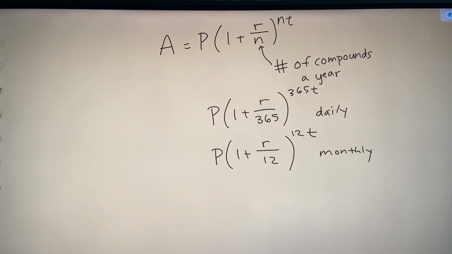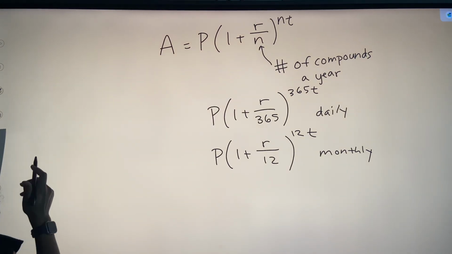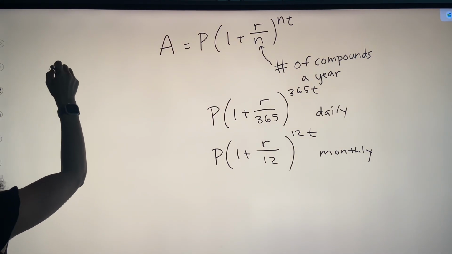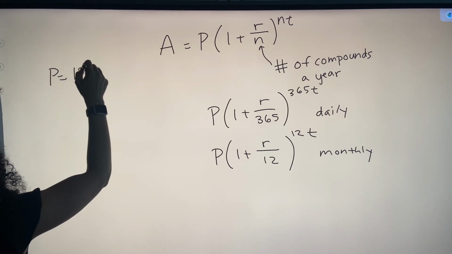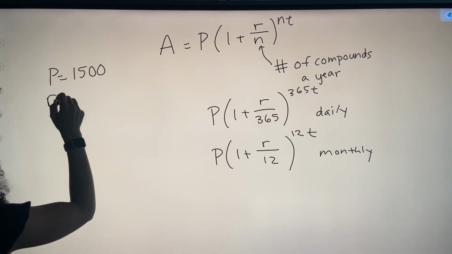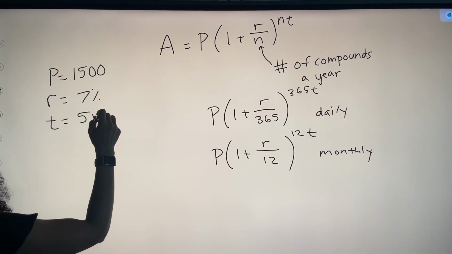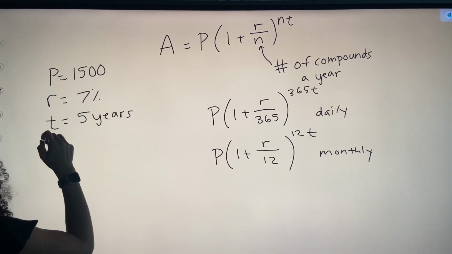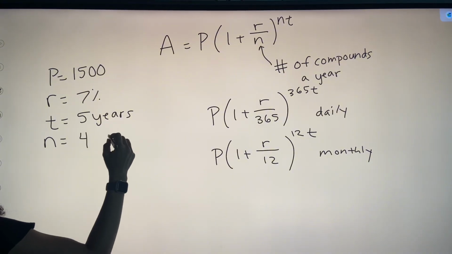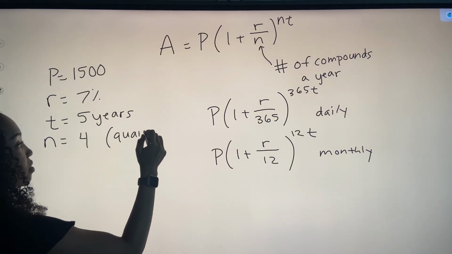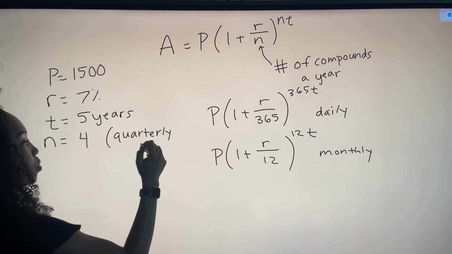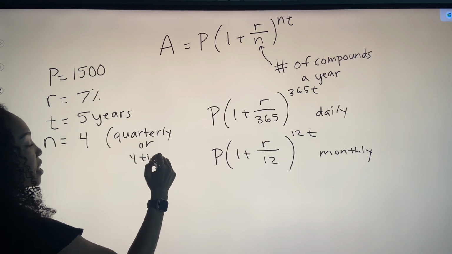So let's do an example. This is number 5. Your principal is $1,500 again. The rate is still 7%. Time, we're going to do 5 years this time. And your n value is 4. That means it's happening quarterly, or 4 times a year.